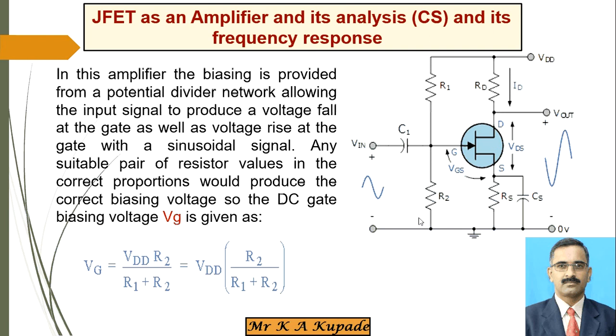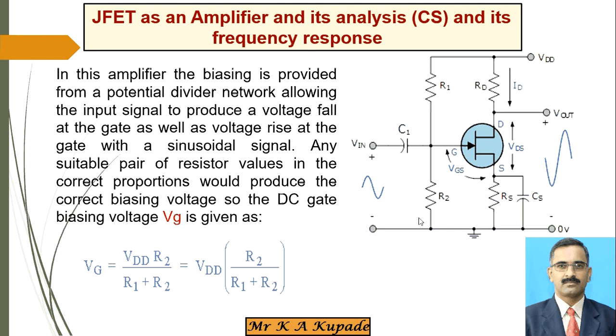Gate biasing is done in the sense that a reverse or negative voltage is provided to the gate terminal, so that the gate junction is reverse biased, and due to that, the rise and fall of the sinusoidal waveform is properly passed through that junction.